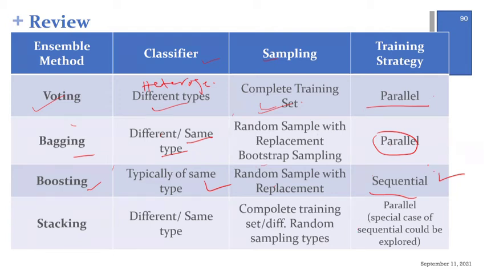In that case, this is why we say that special cases of sequential could be explored, but ideally it is usually in parallel. You train several classifiers in parallel, bring us the output, then we use the output to train another classifier that's going to combine for us. However, we can explore special cases, especially when we have a data set that is not cooperating and we're having difficulty in getting the best result that we envisaged.